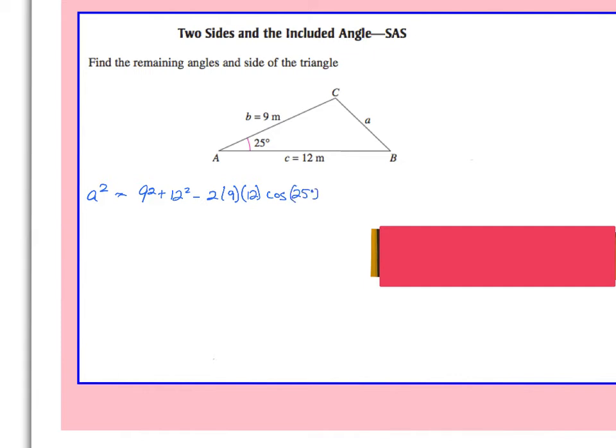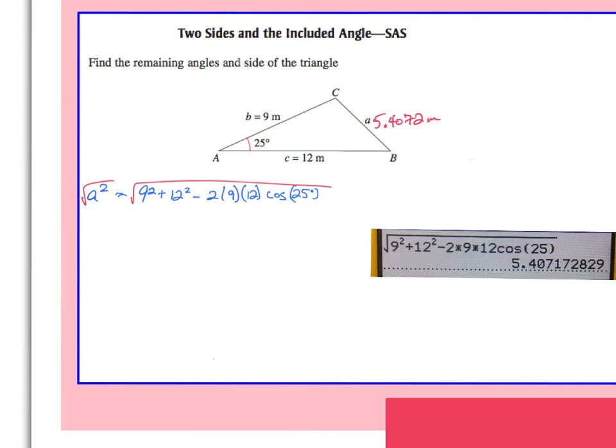Now, I wouldn't just do that part yet. What would I do? Let's square root it before you even put it in. And if we put it in correctly, we get 5.4072 meters-ish.